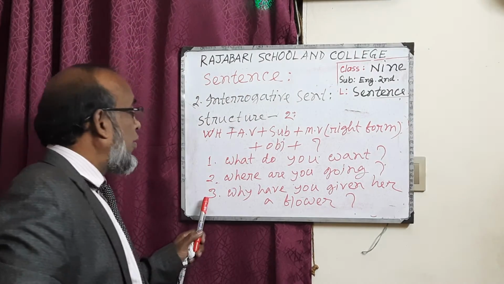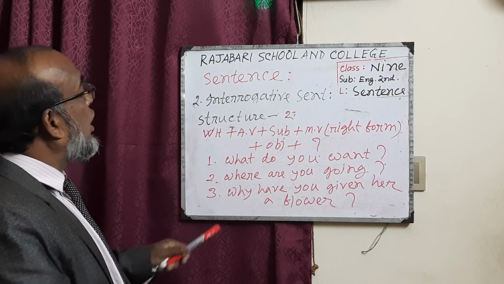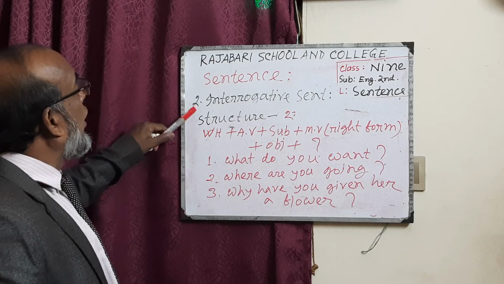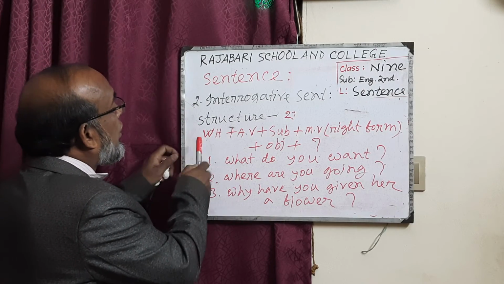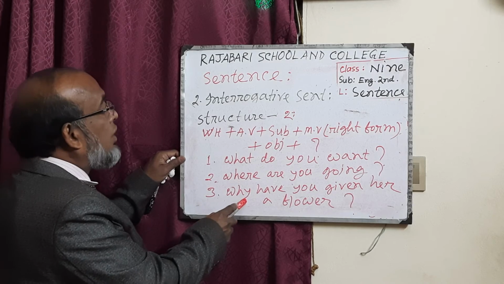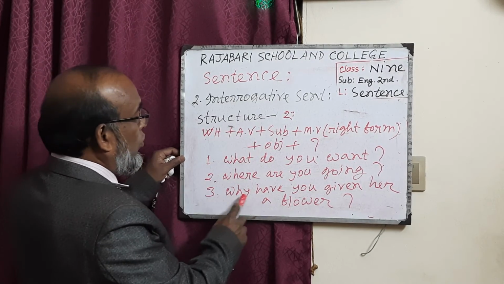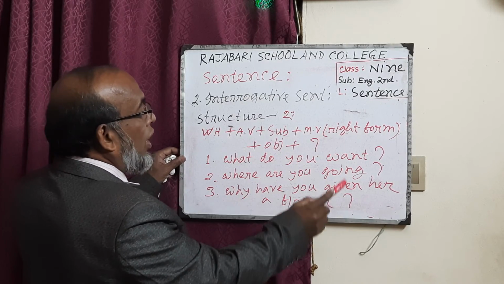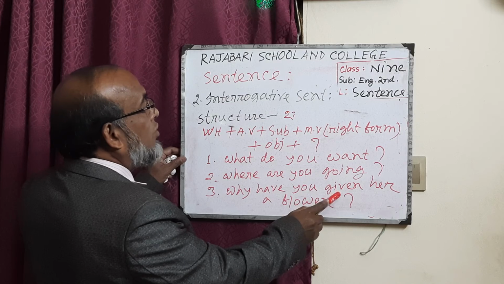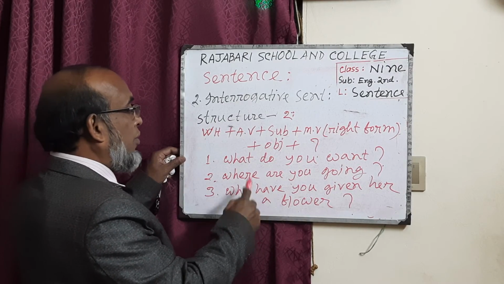Here, number 3, you can see the example by using properly this structure. Here, WH word, why, auxiliary verb, have, subject you, main verb, given, right form, because it is present perfect tense.